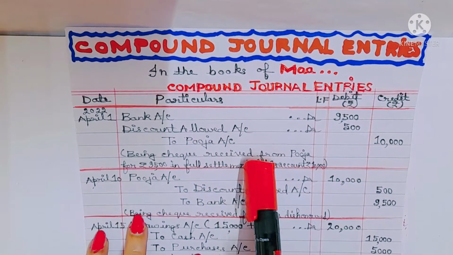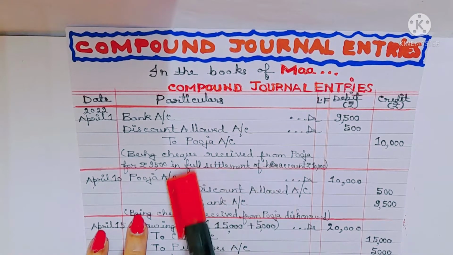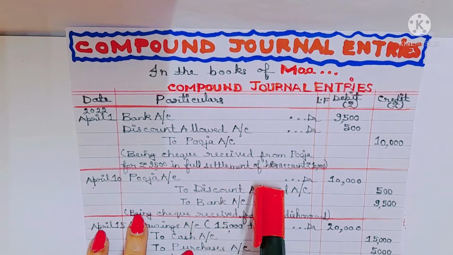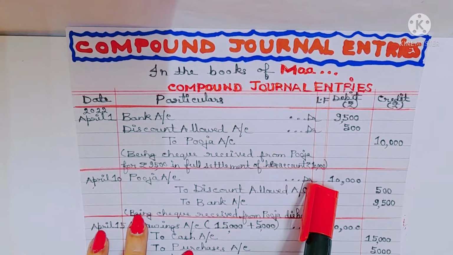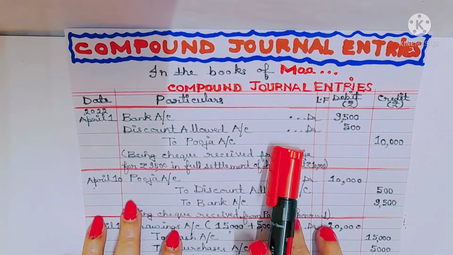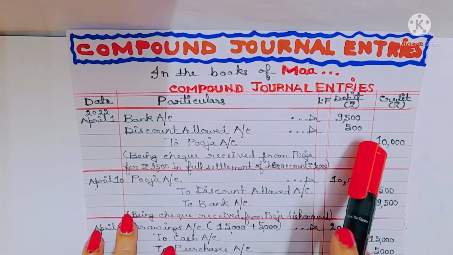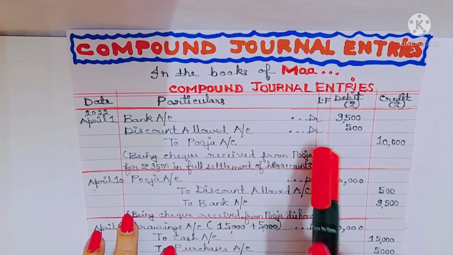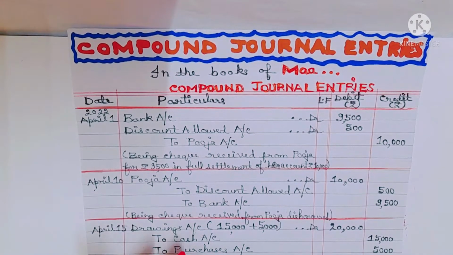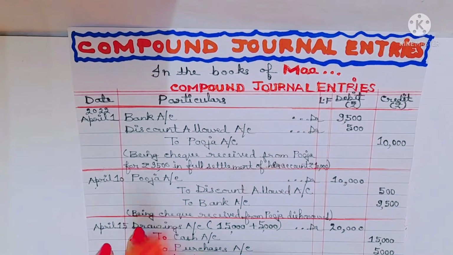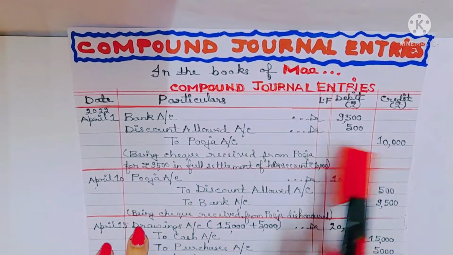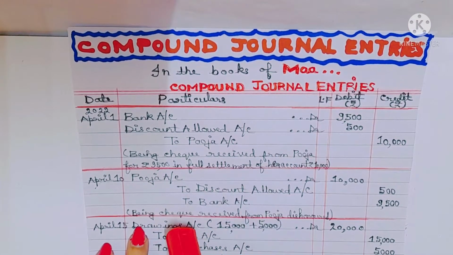So here what happens? Check received from Pooja 9,500 in full settlement of her account 10,000. Actually, Pooja should have paid us 10,000. But she is paying 9,500, we are receiving from her 9,500. Pooja should have paid Ma 10,000, but she has paid only 9,500.